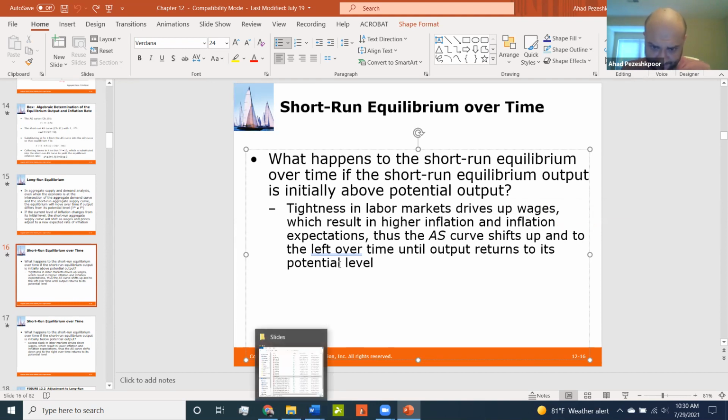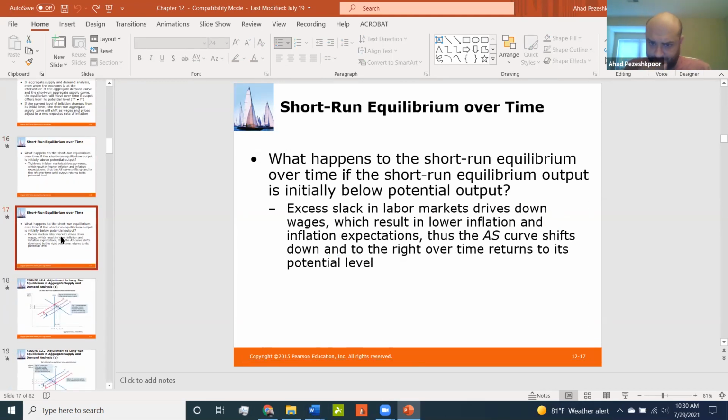Yesterday we saw this. It will shift up to the left. And therefore, you will arrive back to your potential output level. Now, what happens to the short-run equilibrium over time?